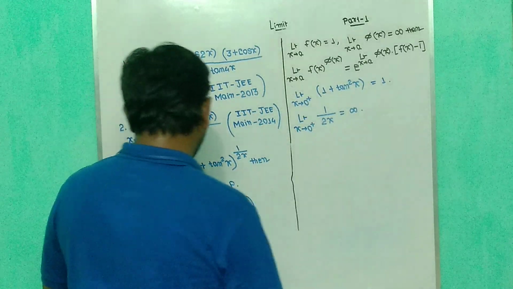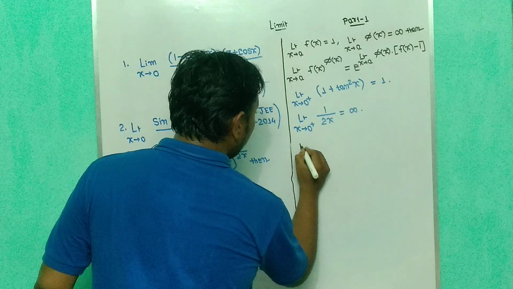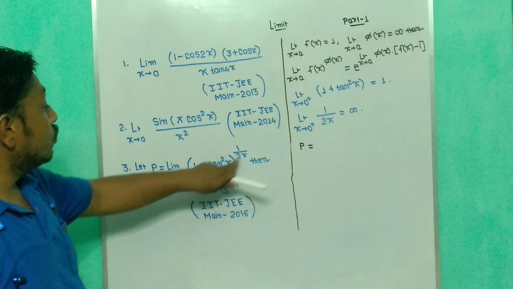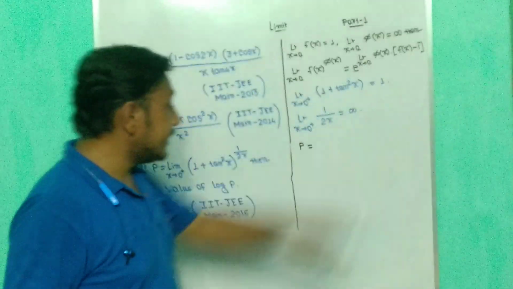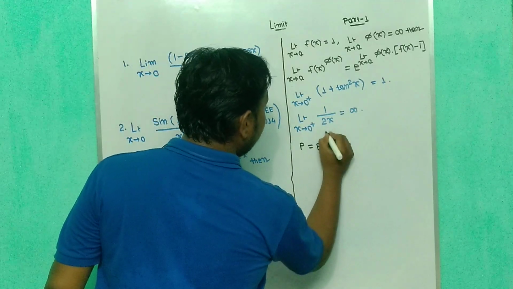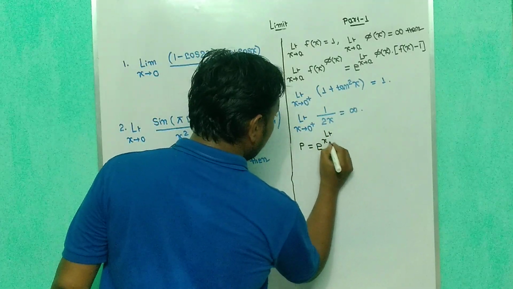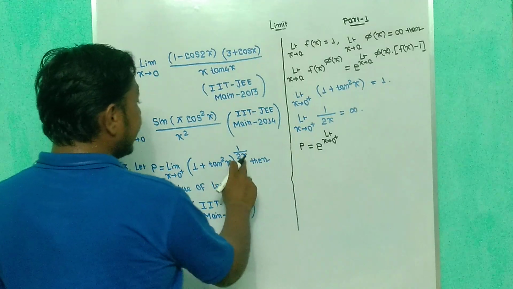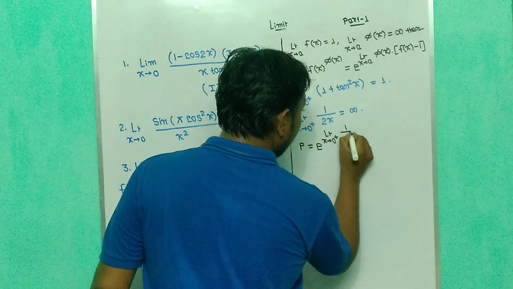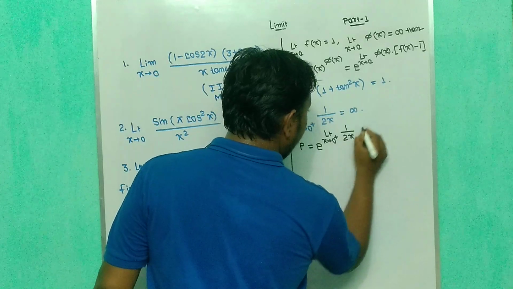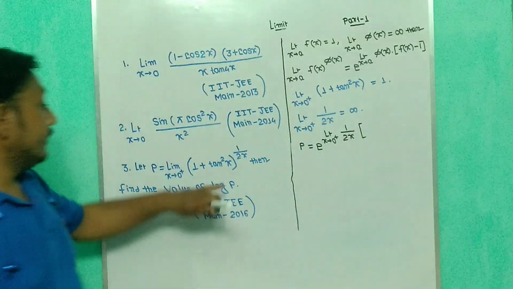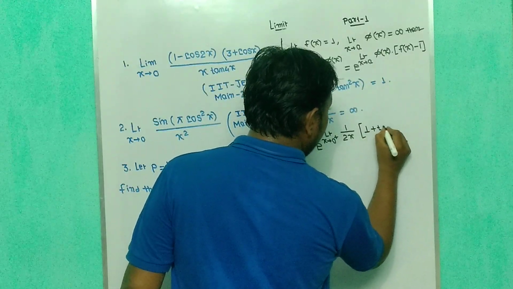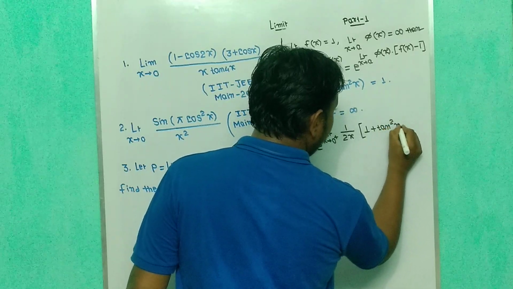Okay. So now see. Here p equals, we can write, this is the formula, limit x tends to a f x to the power phi x. That means we will write e to the power limit x tends to 0 plus, phi x means 1 by 2x, and f of x means this part, 1 plus tan square x minus 1.